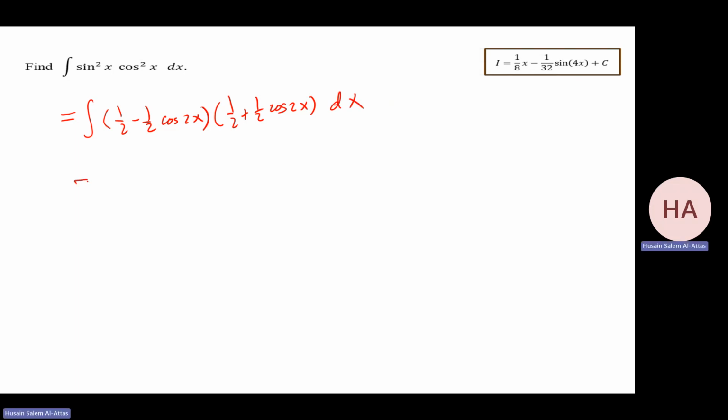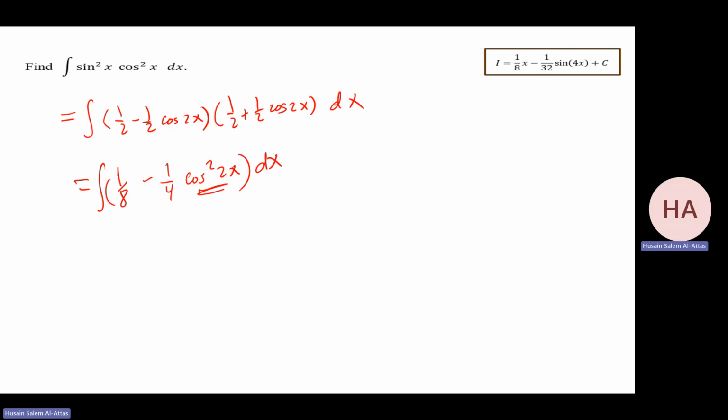Now do the multiplication. That will be what? 1 over 4, now I have minus 1 over 4 cosine square 2x. Difference of two squares. Now I will do the double angle again for cosine square 2x.